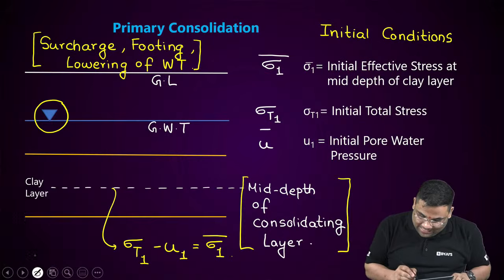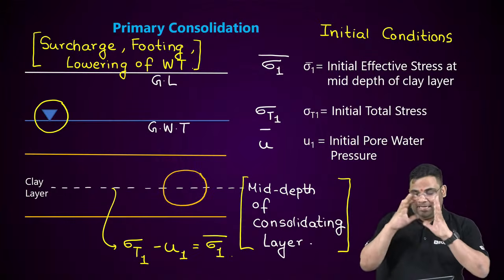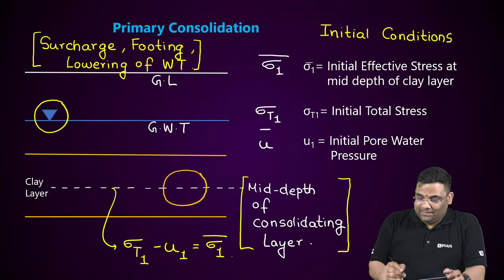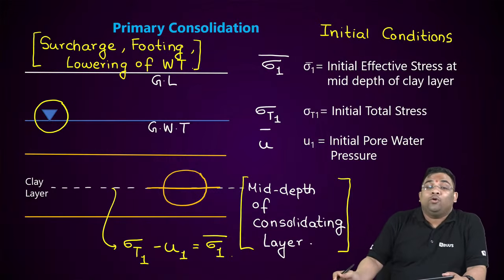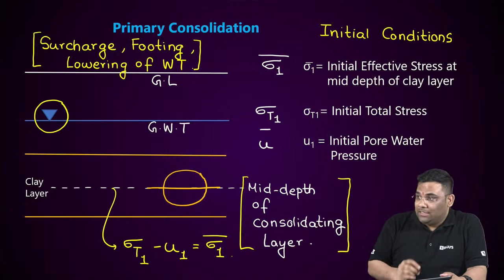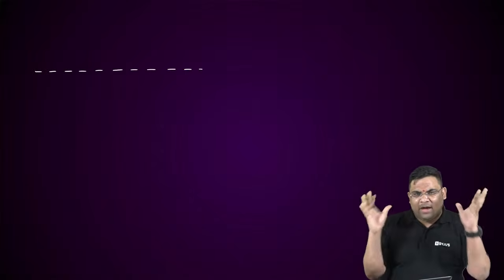Now let us analyze this area. I am magnifying this area. This is the mid depth of your consolidating clay layer, right? So let me highlight this. Suppose this is the mid depth. Now what will you get if you magnify this?